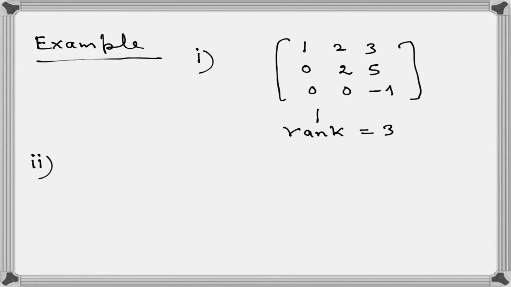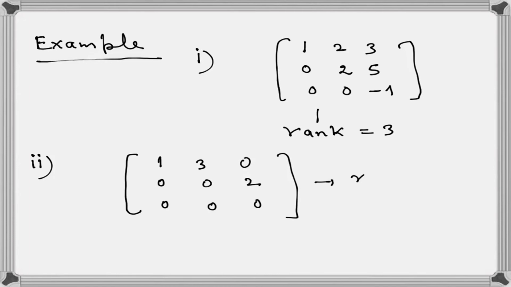Second example is, let's say this is the matrix 1 3 0, 0 0 2, 0 0 0. Here also the second row has two zeros, so the third row has three zeros. For this, the rank is 2 because the last row is a zero row and the number of non-zero rows is 2.